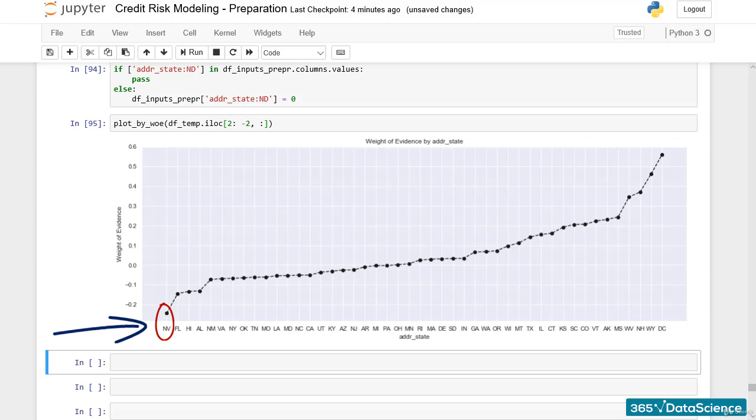We can see over here that the first state on the graph has considerably lower weight of evidence than the next one, and that the next 3 states have similar weights of evidence that are considerably lower than the weights of evidence of the following states. Therefore, it may make sense to keep the first state, Nevada, in a separate category, and the next 3 states in another category.